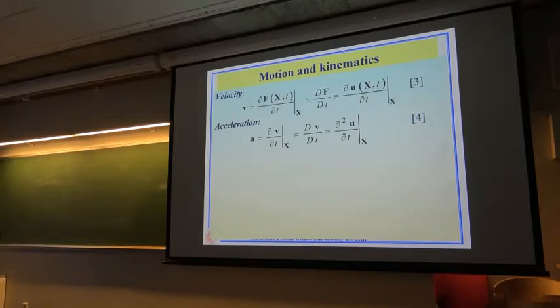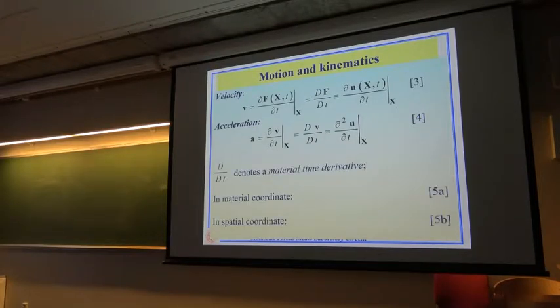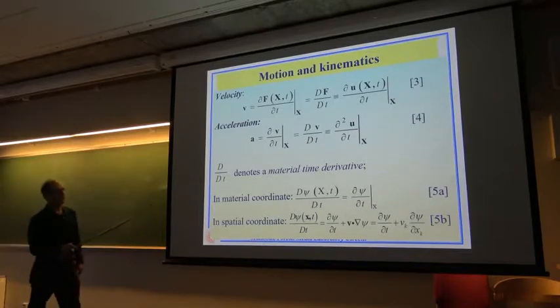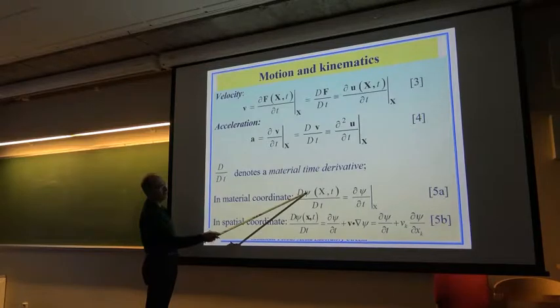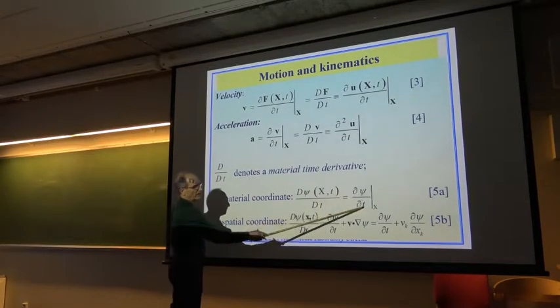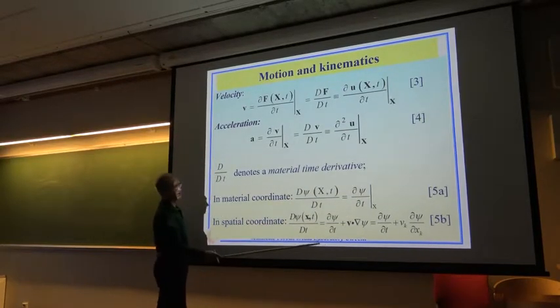Acceleration is the material derivative of velocity, and the second time derivative of the displacement. As I said, d/dt is called material time derivative. So in material coordinates, the material derivative of any function is simply written as this partial time derivative.